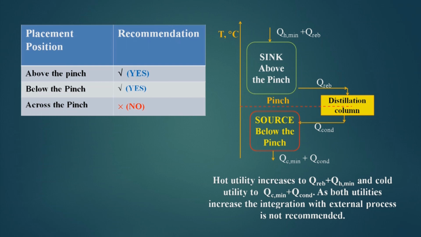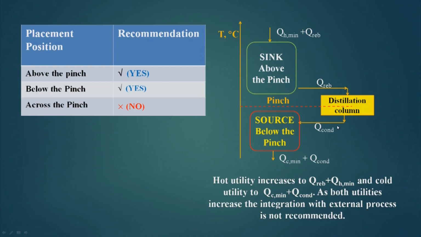So, if I conclude, the distillation column can be placed above the pinch, and it will run almost free of cost. Below the pinch, yes, it will run almost free of cost, but across the pinch, no. So, we will not like to place a distillation column across the pinch.